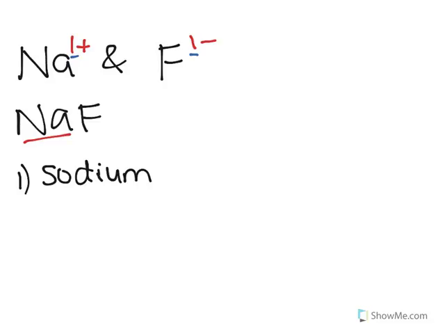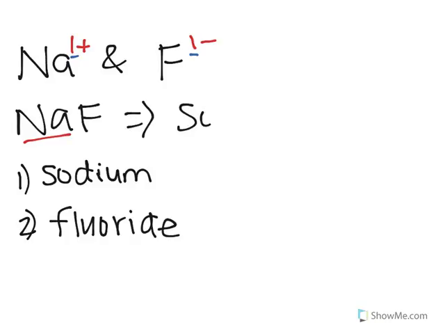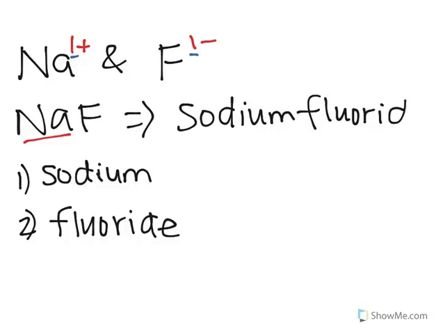And step number 2 says name the nonmetal with the root first, so F-L-U-O-R, fluor, and then add IDE. Then put them together. So the answer to NaF, or its name, is sodium fluoride.